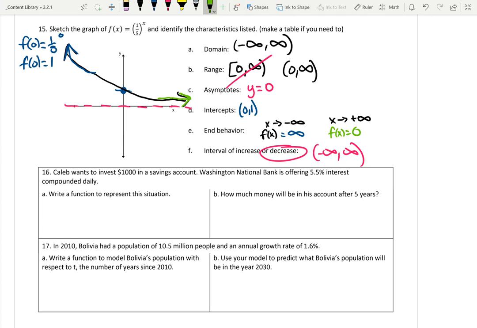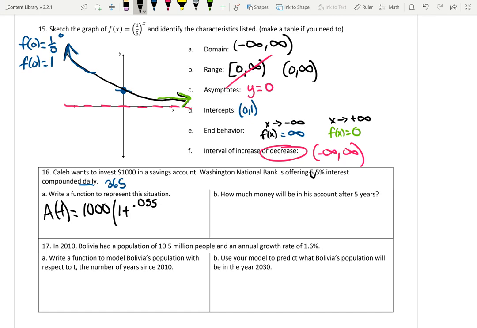Now, these last two is just review. Compounding daily, which means it's going to be 365 days a year. We're going to go ahead and write an equation. The amount of money is going to be equal to $1,000, and it's going to be, since it's interest, 1 plus 0.055.